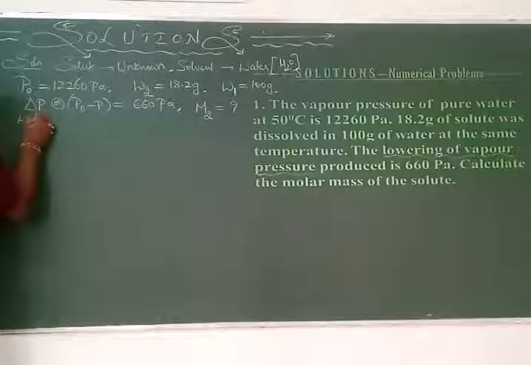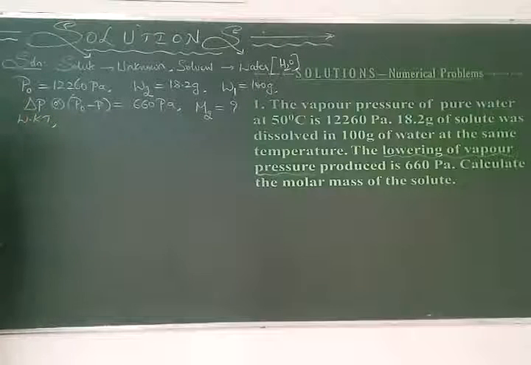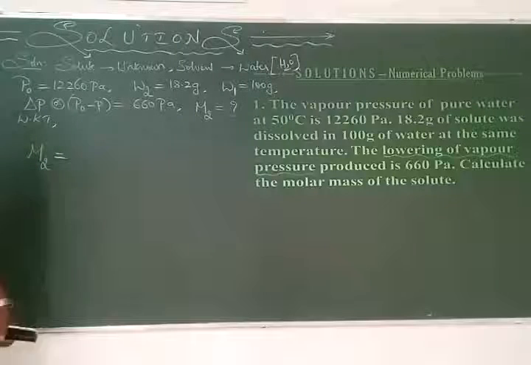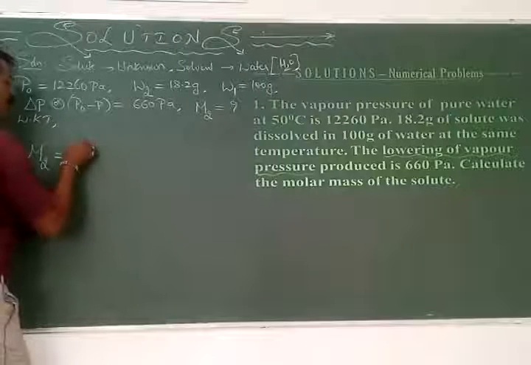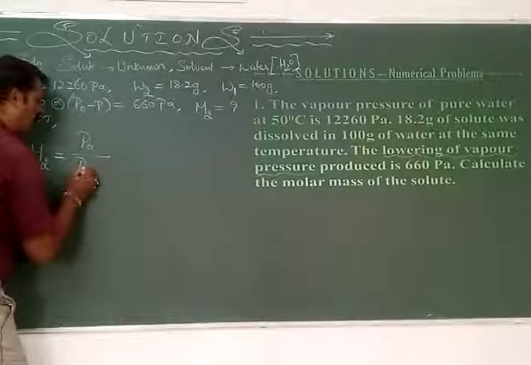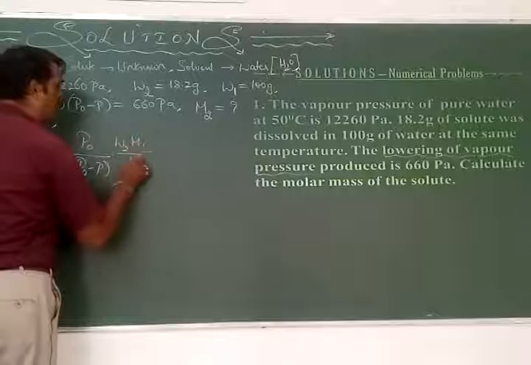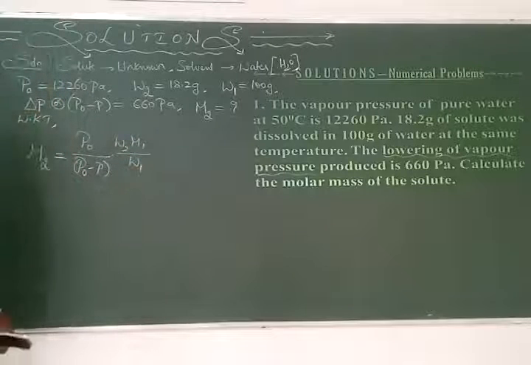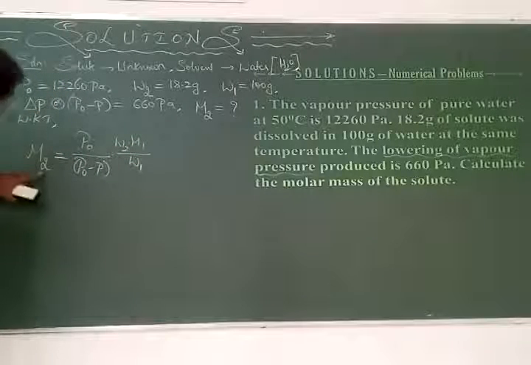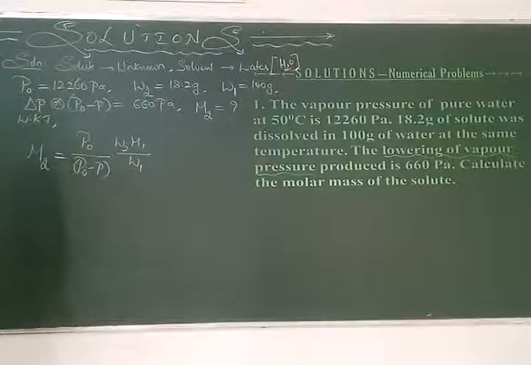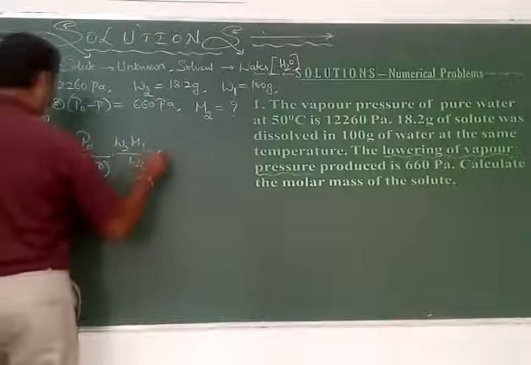We know that the molecular mass of the solute, M2, is equal to P naught divided by P naught minus P, into W2 M1 divided by W1. This is the formula for calculation of the molecular mass of the solute with the help of LVP, the lowering of vapor pressure. Just substitute, that's all.